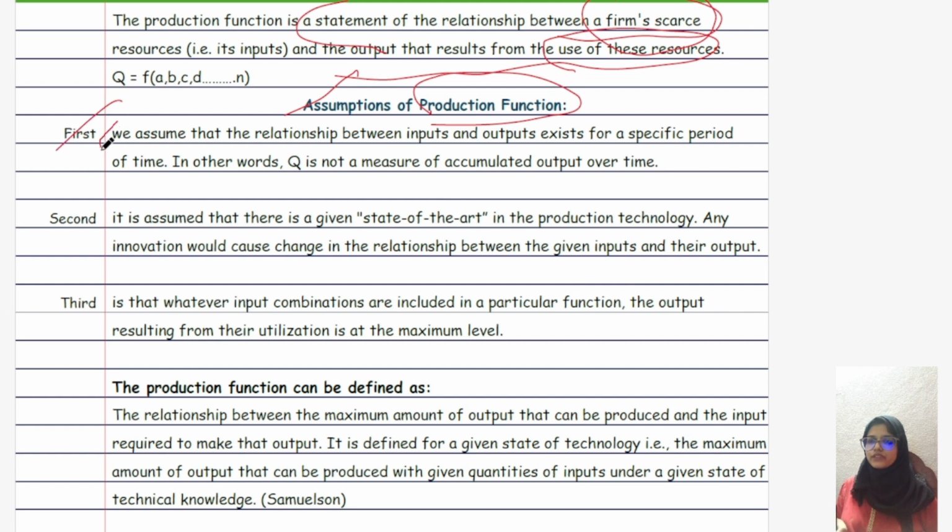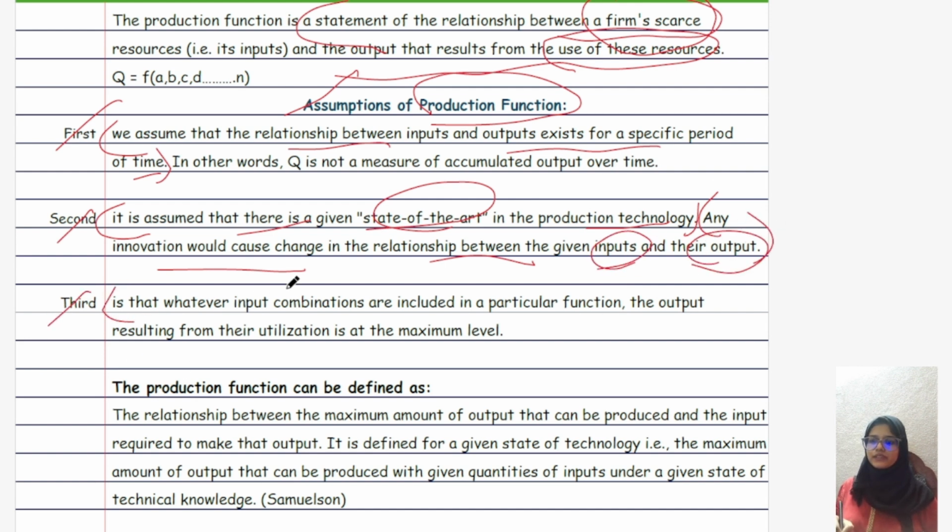And we have a few assumptions for the production function. First assumption, we are assuming the relationship between the inputs and outputs exists for a specific period of time. Second, it is assumed that there is a given state of the art in the production technology. That is, any innovation would cause a change in the relationship between inputs and their output.